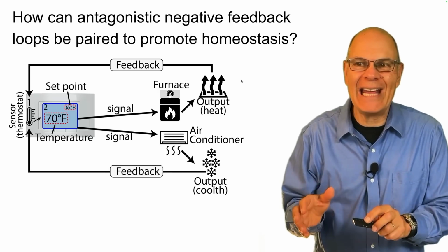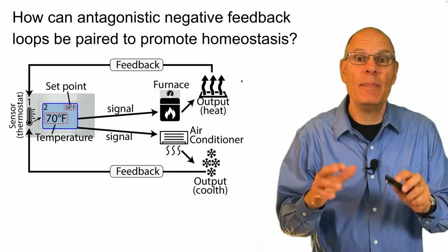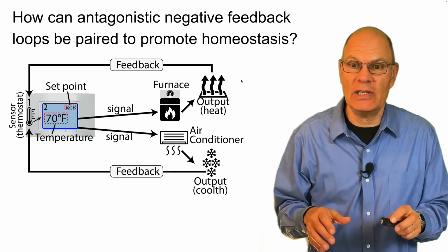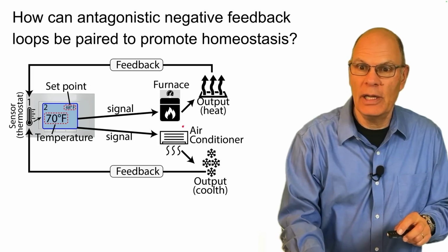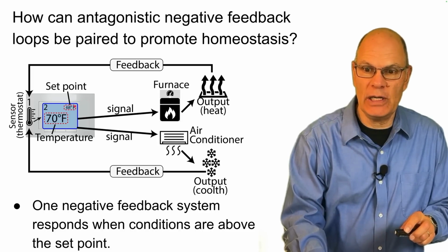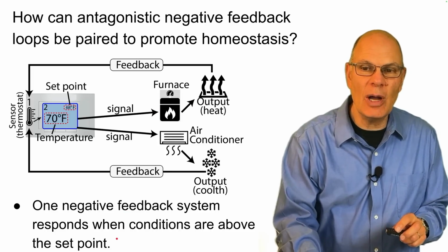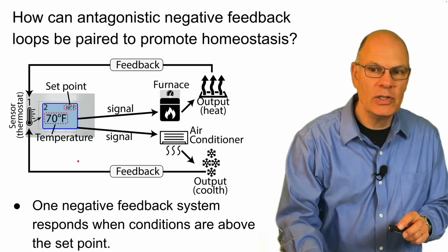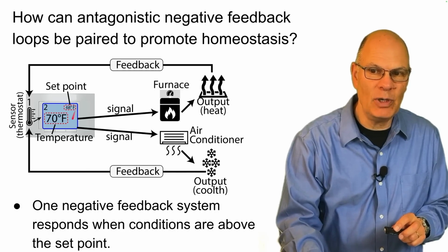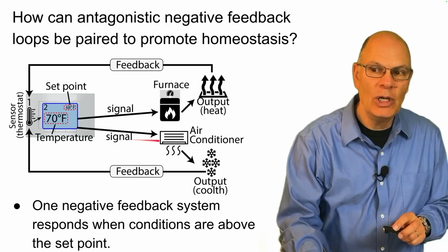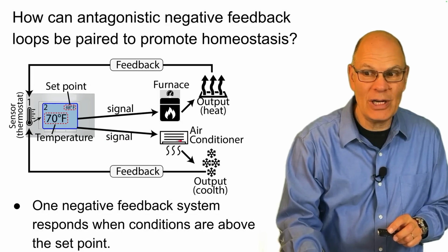How can antagonistic negative feedback loops be paired to promote homeostasis? So, same goal, keep the temperature at 68 degrees. Well, here we have a negative feedback system that responds when conditions are above the set point. So, temperature 70, the set point is 68. What will you do? You'll have a signal that turns on an air conditioner.